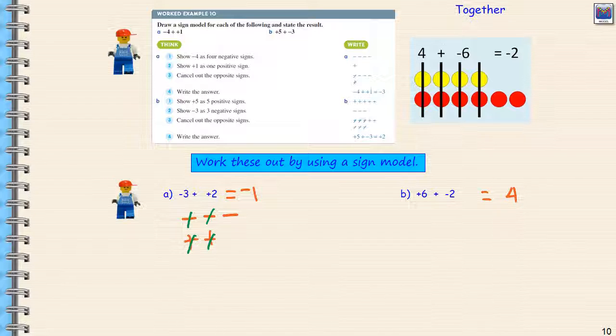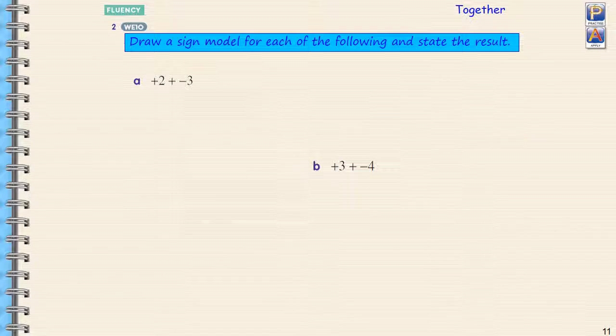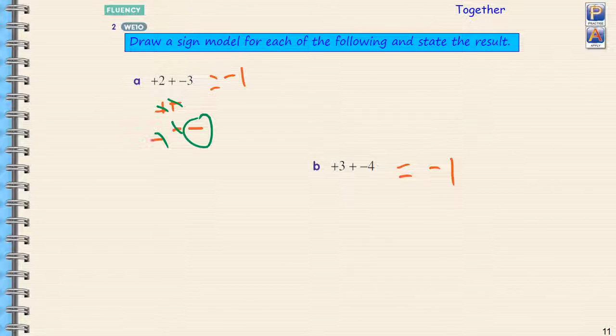And you'll see that's the answer. You can have a go at these ones again. I can see those two cancel with those two, leave me with one negative, -1. Same with this one and the same answer.